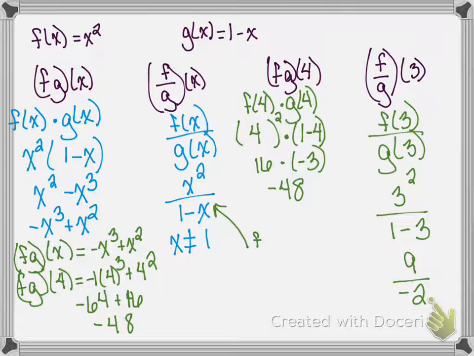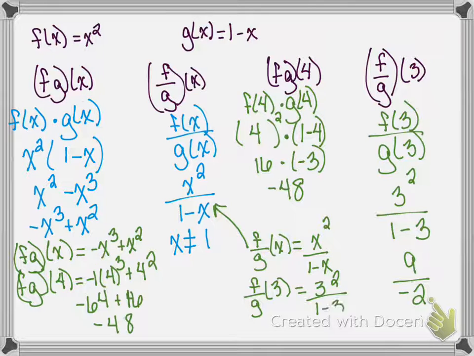This is f over g of x. So I can do f over g of 3, and I have 3 squared, 1 minus 3, and that's 9 over negative 2. So either method is completely fine. Sometimes I do both methods just to make sure I'm right.